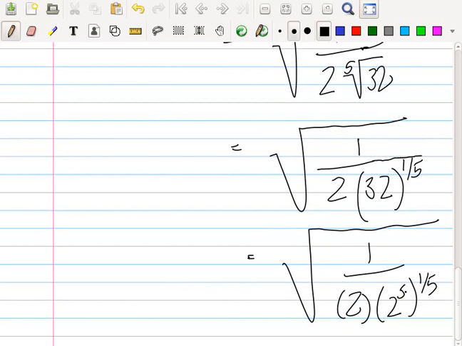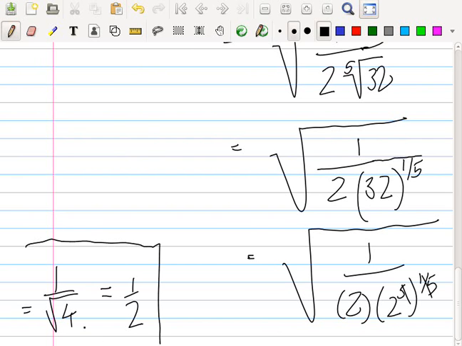Okay, now I have two powers, so I multiply them. 5 times 1 over 5? 1, and 2 power 1? 2, okay. So it's 1 over 2 times 2. Yes. Square root of 4? Half. So that's the answer then. It's 1 over 2.